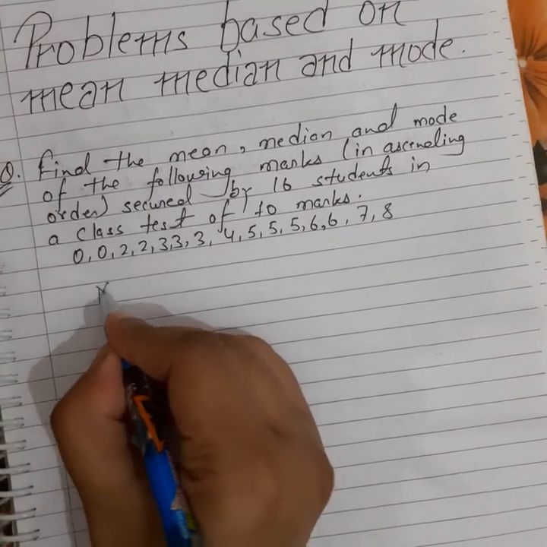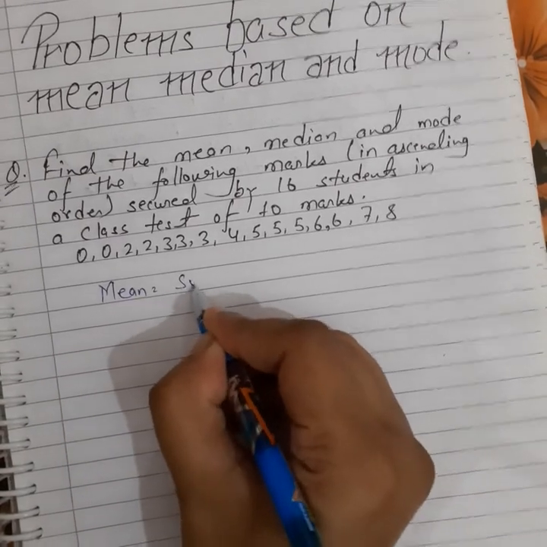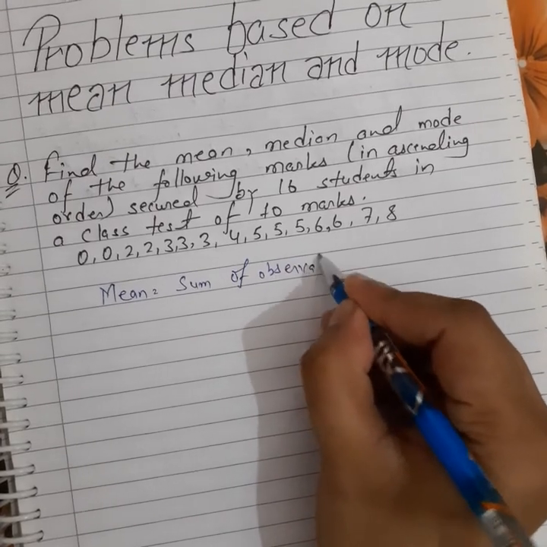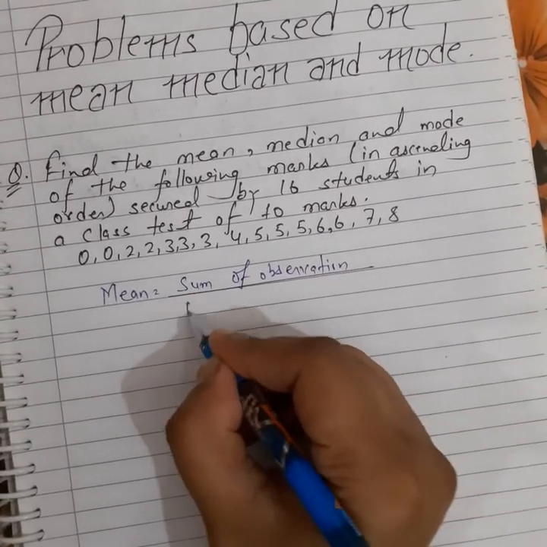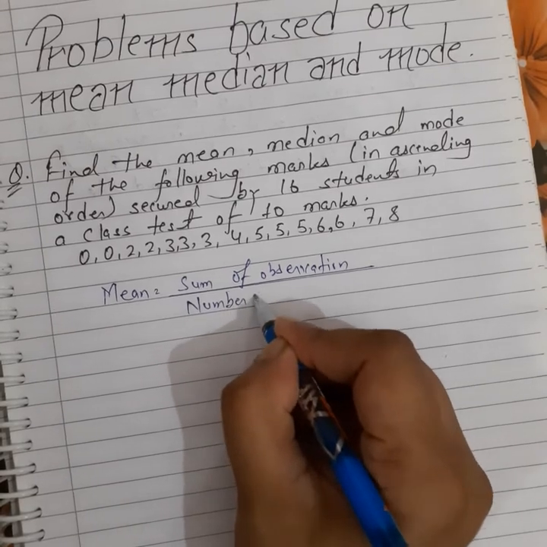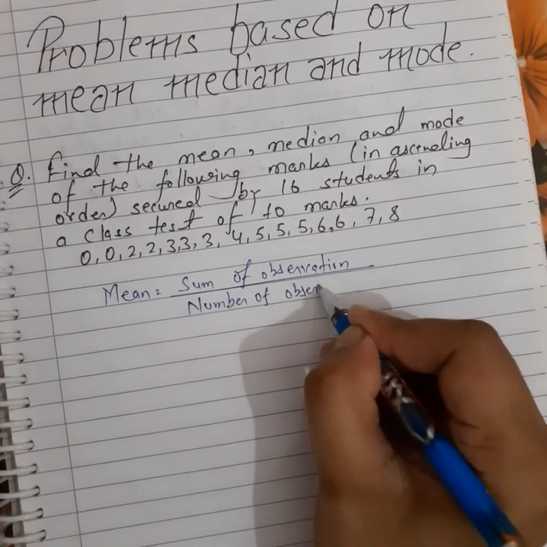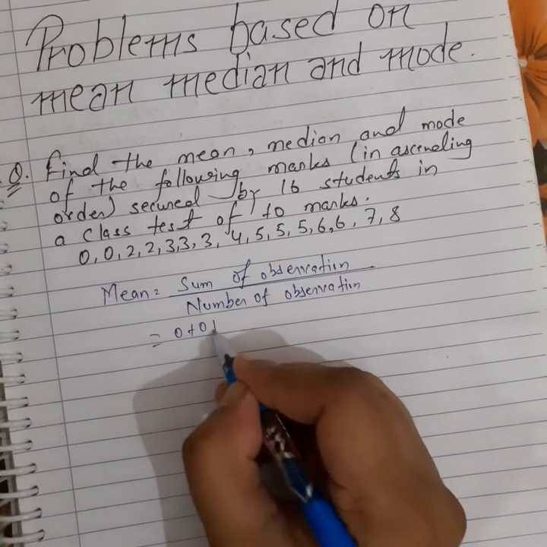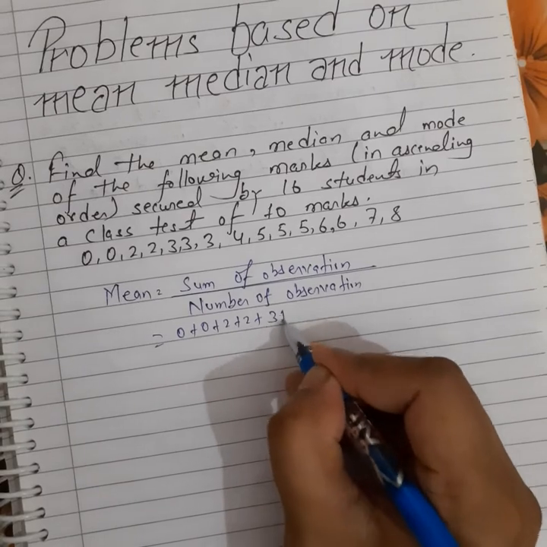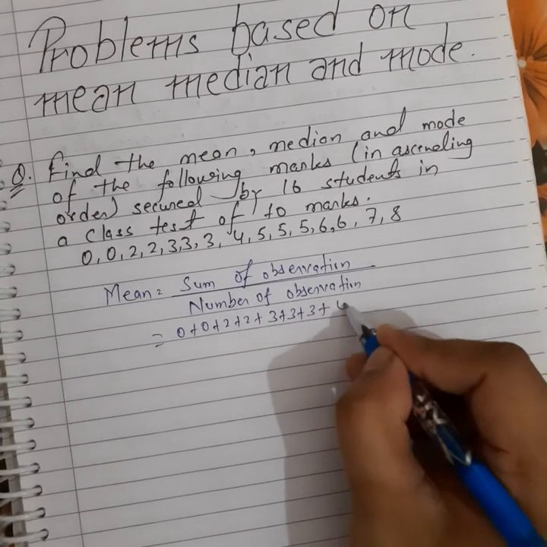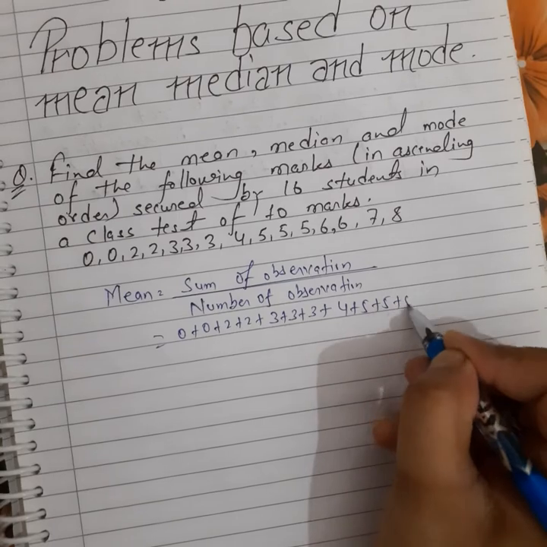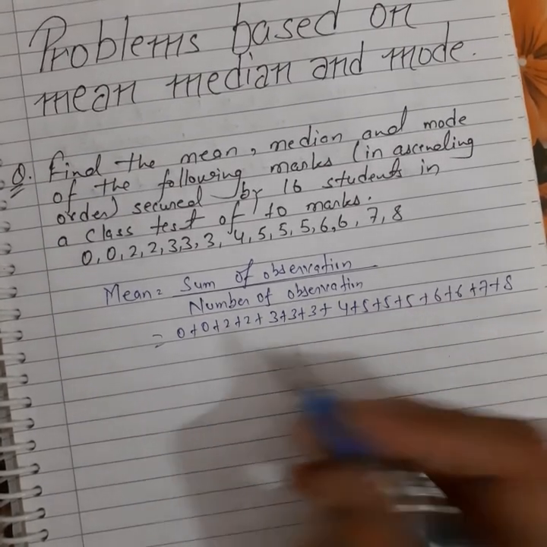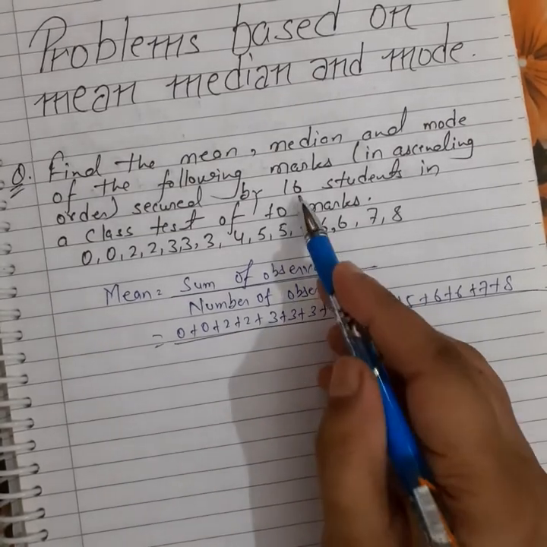So what formula do we use for finding the mean? Mean is equal to sum of observations by number of observations. Sum of observations: 0 plus 0 plus 2 plus 2 plus 3 plus 3 plus 3 plus 4 plus 5 plus 5 plus 6 plus 6 plus 7 plus 8, by number of observations, that is 16 students.